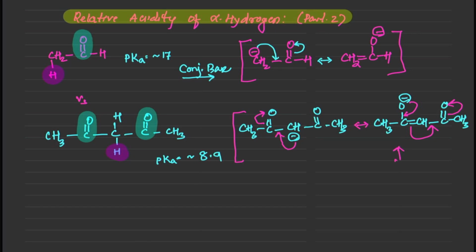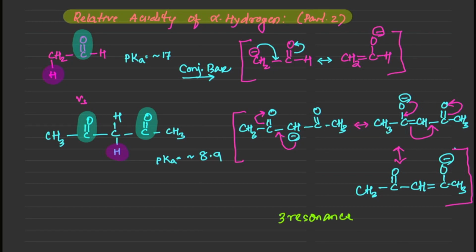So you can have a third contributing structure where the negative charge is delocalized to the right side carbonyl group, CH double bond, CO minus, CH3. So here we got three resonance contributing structures.